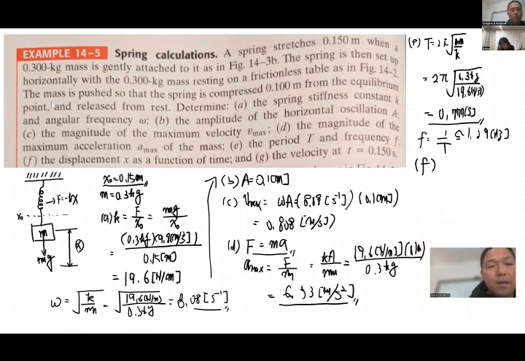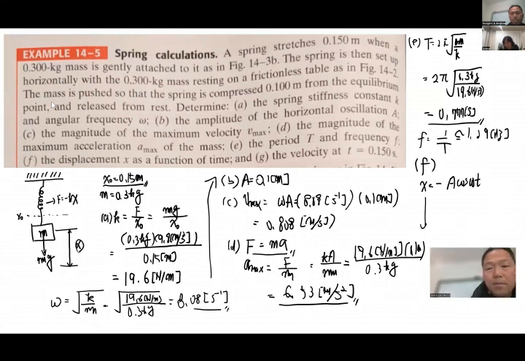is asking for the displacement x as a function of time. So the motion begins at the point of maximum compression. At t equals 0, x is minus A, which is minus 0.1 meter. So x should be minus A cosine omega t. Here, cosine theta.